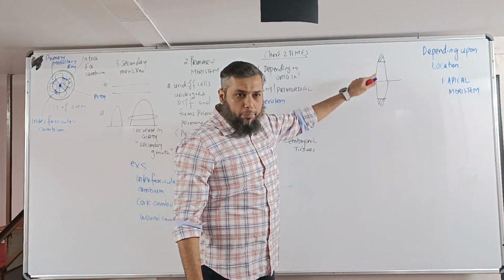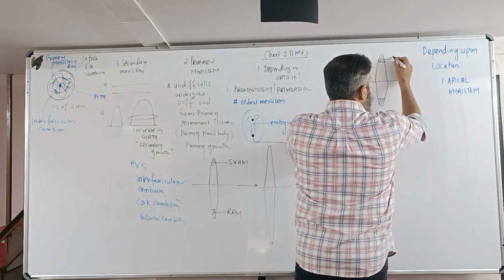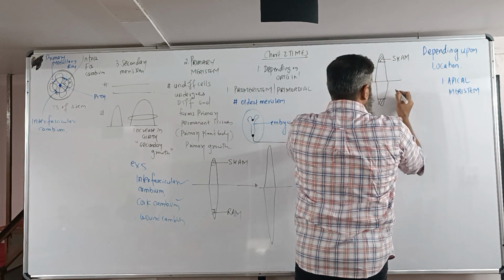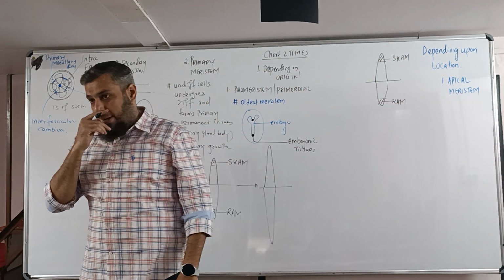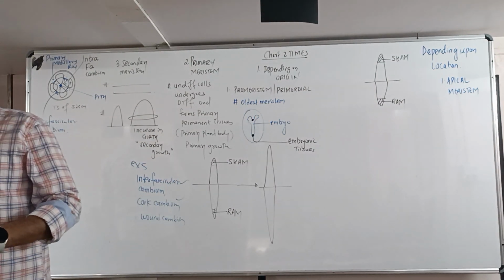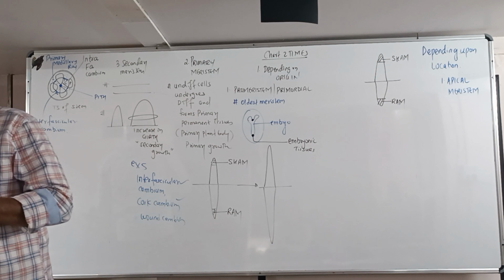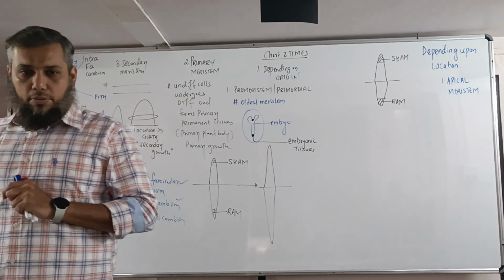This is called the shoot apex. This is called the root apex. So now this will be called Sham, shoot apical meristem, and Ram, root apical meristem. So Ram and Sham are examples of apical meristem. Depending upon their location they are apical, and depending upon their origin, they are called primary meristem.